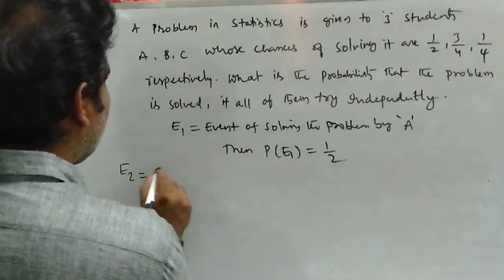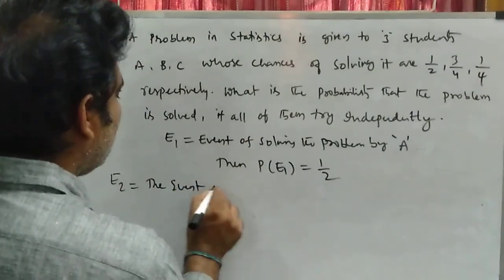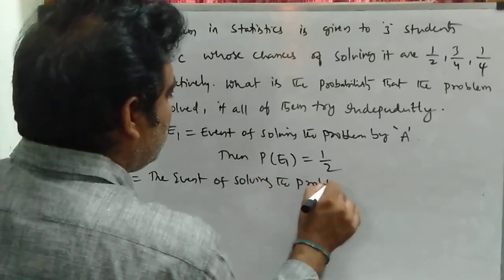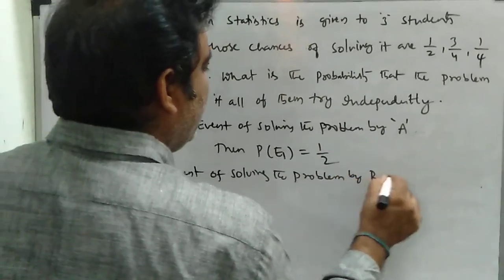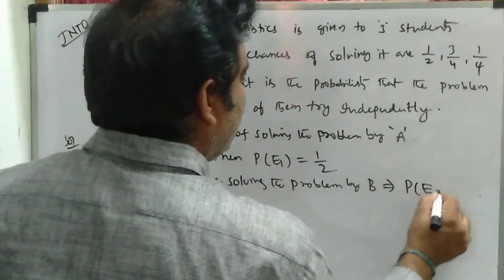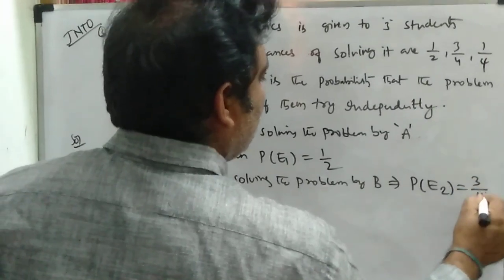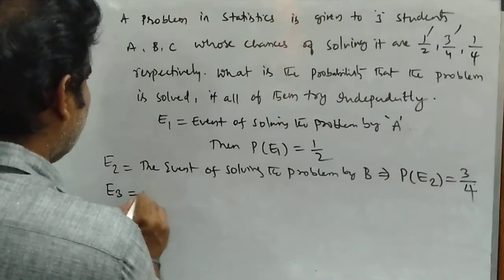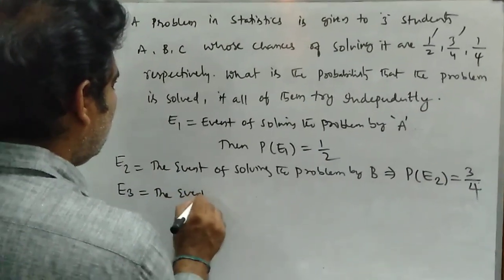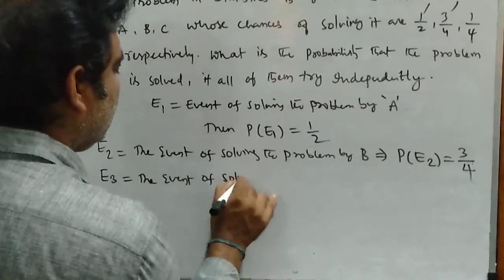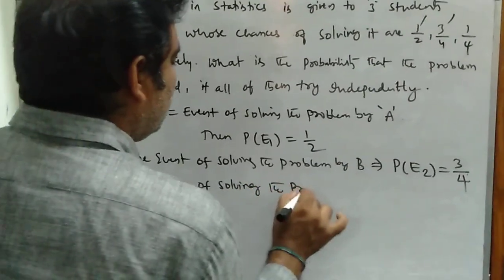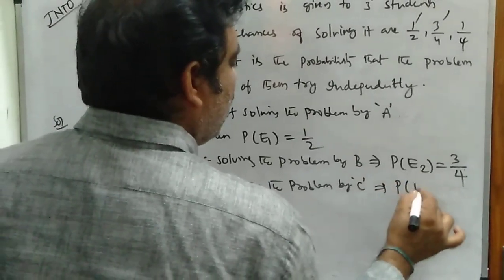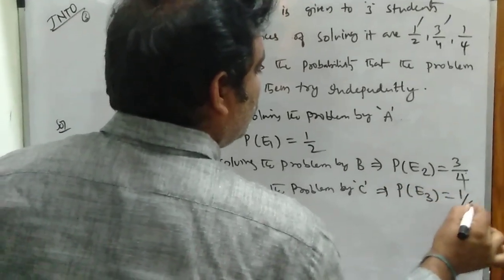Similarly, assume E2 is the event of solving the problem by candidate B, then P of E2 is equal to 3 by 4. Similarly, let E3 be the event of solving the problem by candidate C, then P of E3 is equal to 1 by 4.